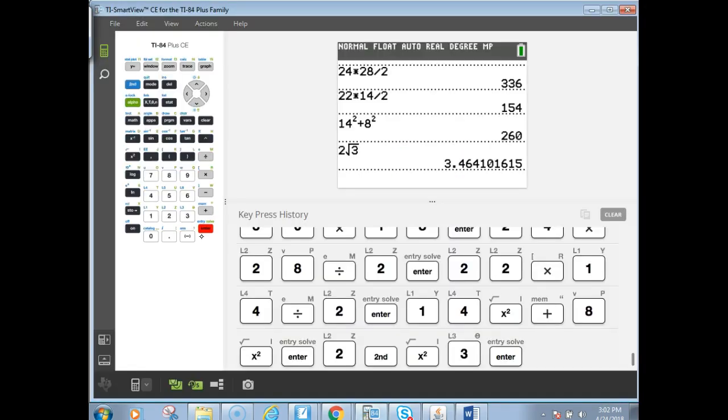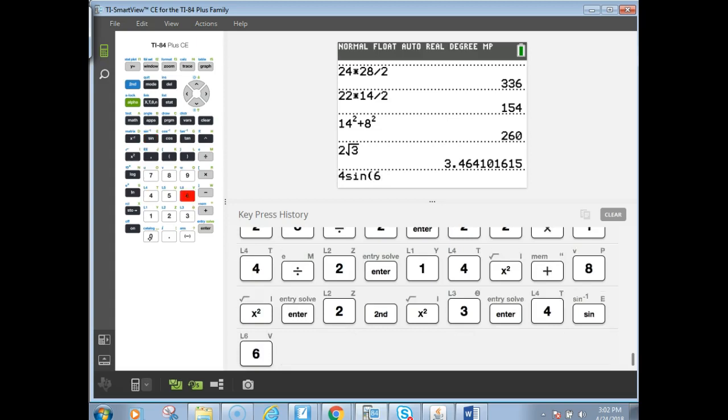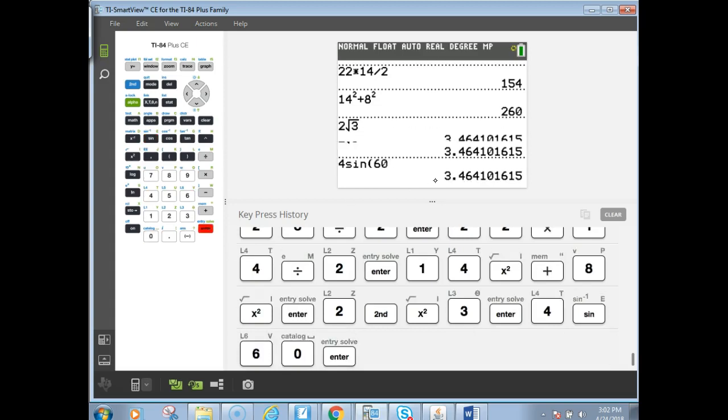If you type 4 sine 60 on your calculator, you get exactly what we got when we did 2 root 3. Figuring out 2 root 3 was much faster if you understand it. If you don't, then you're going to have to do the trig. Okay? You gotta be able to do one of them, else that's problems out the window.